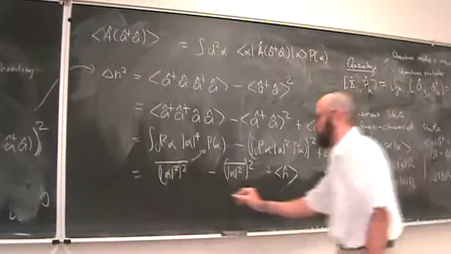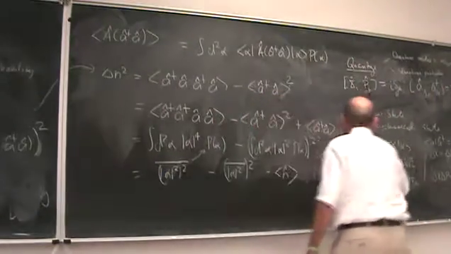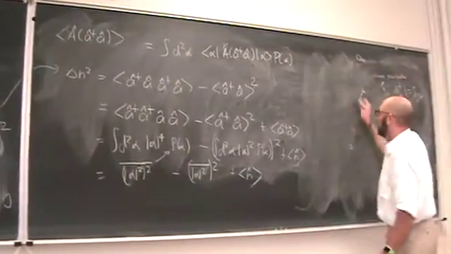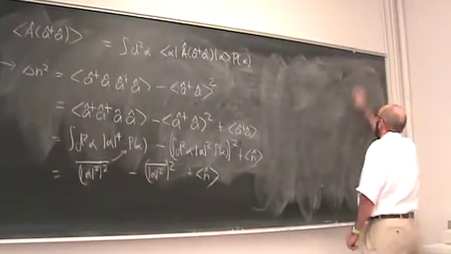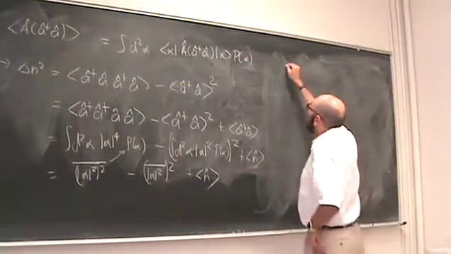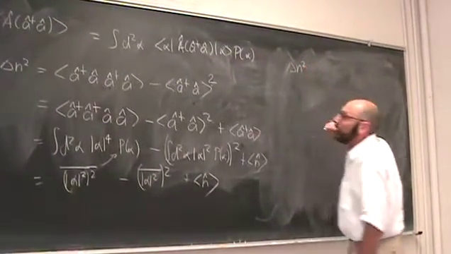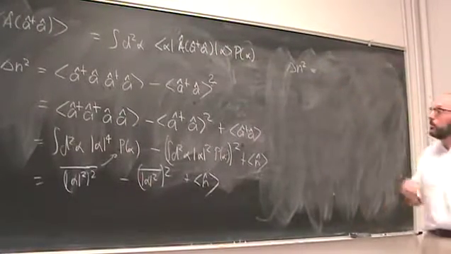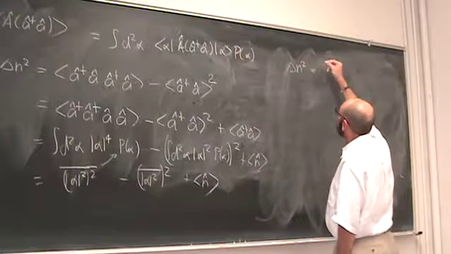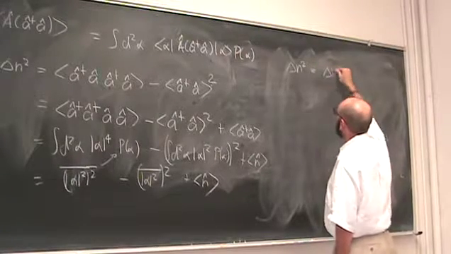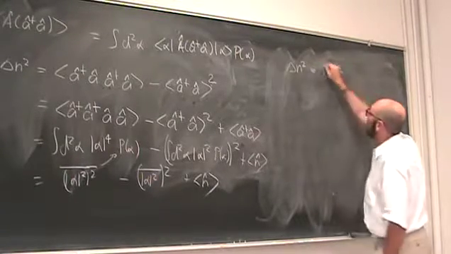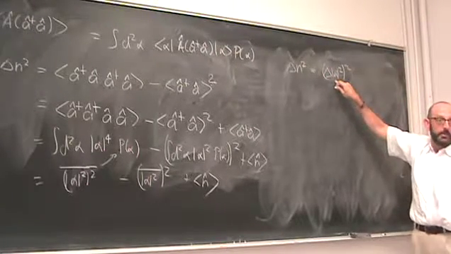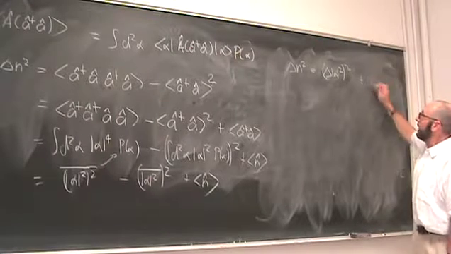Now, to summarize, what we see is that the average of n squared fluctuations is equal to the fluctuations in the mean squared amplitude plus n.